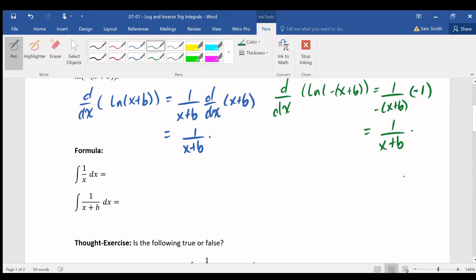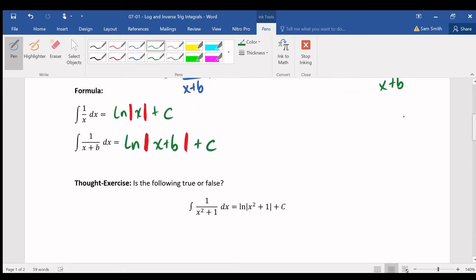Here are some formulas. The antiderivative of 1 over x is the natural log of the absolute value of x. And since this is the most general antiderivative, we're going to have that plus C. The natural log of the absolute value of x plus b, plus C, is the most general antiderivative of 1 over x plus b.